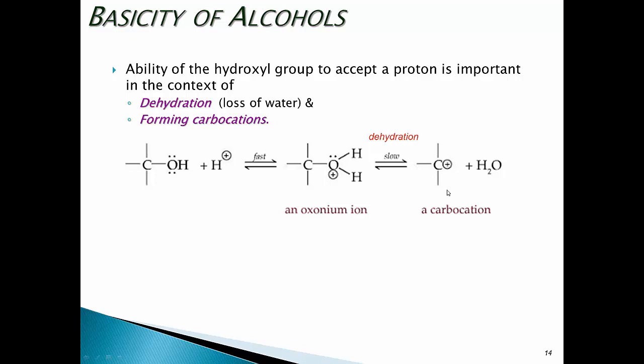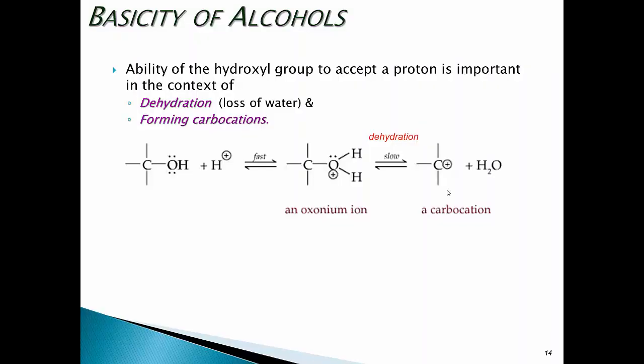Remember, back in Chemistry for Living Systems, we talked about carbocations and their stability. It's the same as we talked about for the primary, secondary, tertiary alcohols. So it's the same for the carbocations. A tertiary carbocation has 3 R groups coming off it, the secondary has 2 R groups and a hydrogen, and the primary has 1 R group and 2 hydrogens.